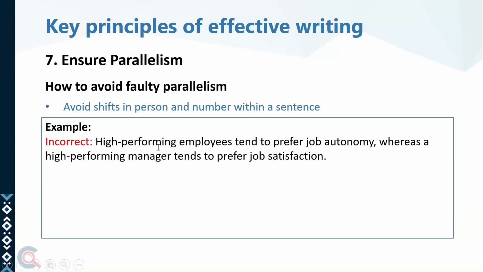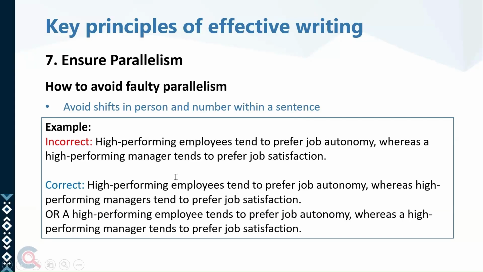The first one, high-performing employees, is plural, and in this sentence is associated with a high-performing manager. We discovered that we have the plural and the singular. This is not parallel. The correct way to say it is "High-performing employees tend to prefer job autonomy, whereas high-performing managers, plural, tend to prefer job satisfaction." Or we could use the singular in both cases. "A high-performing employee tends to prefer job autonomy, whereas a high-performing manager tends to prefer job satisfaction."